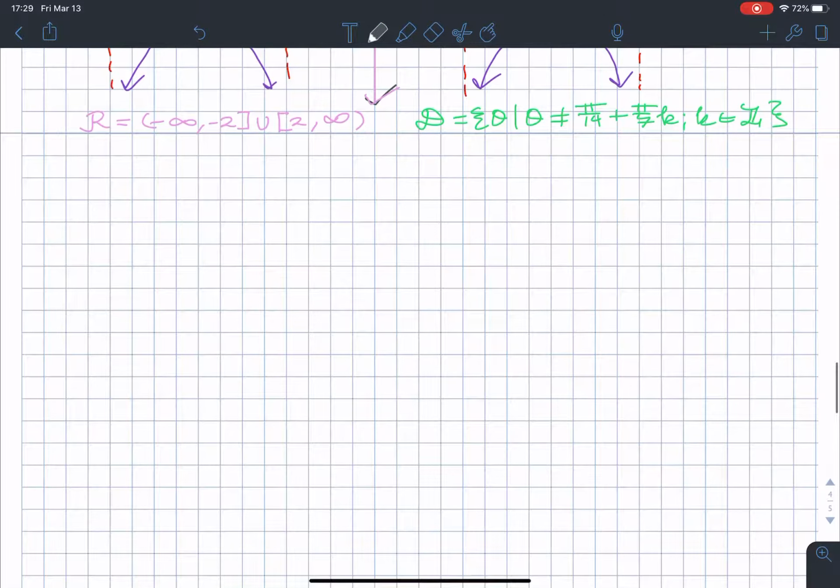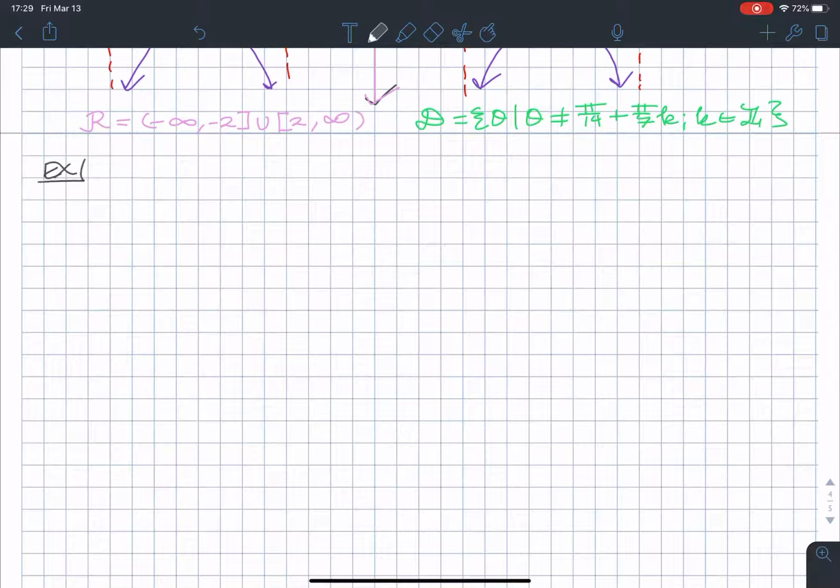So for example, let's plot f of theta is equal to negative 3. No, did I use 3? Let's do negative 4 secant of 3 theta. Let's do it that way.